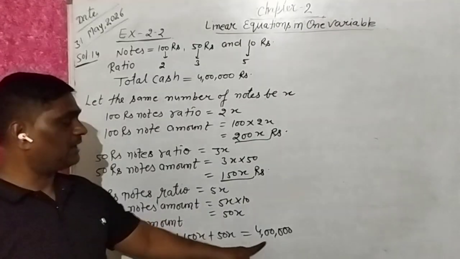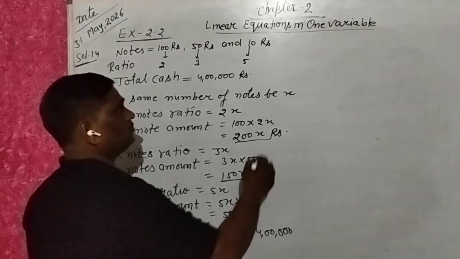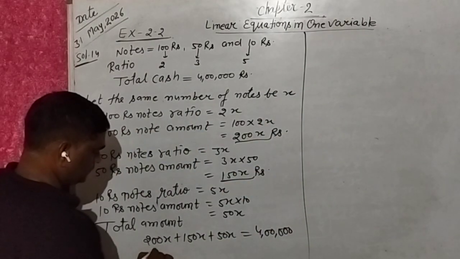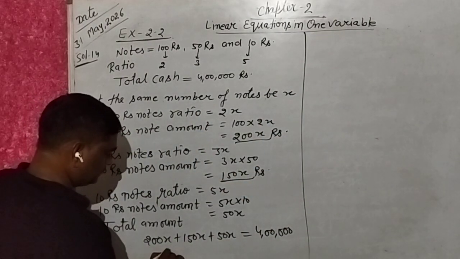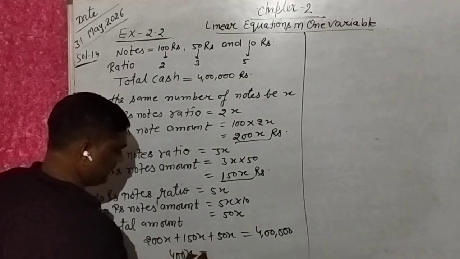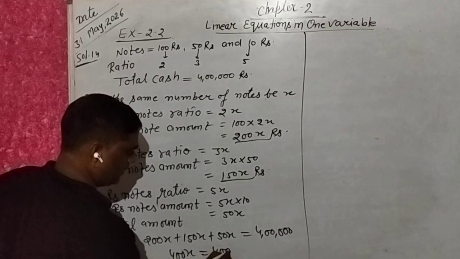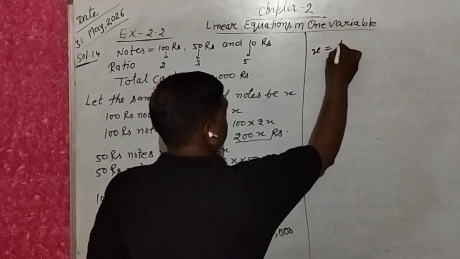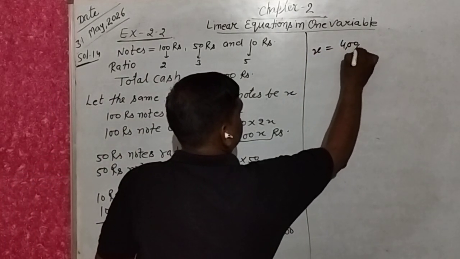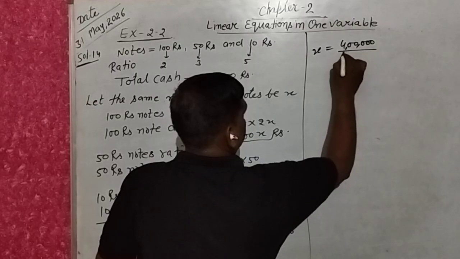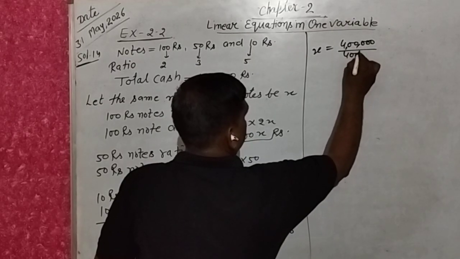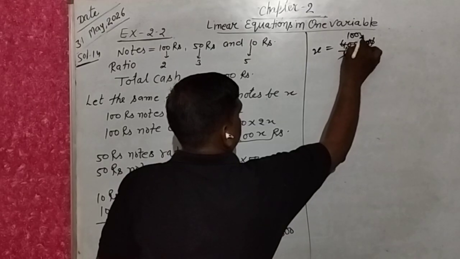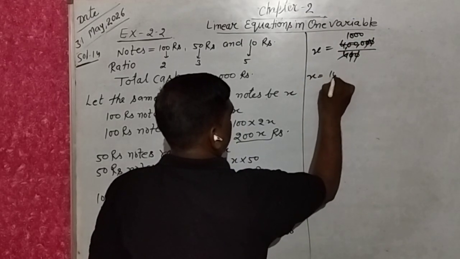Total amount 4 lakhs, and you get 400x is equal to 4 lakh. X value is 4 lakh upon 400, so the X value is 1000.